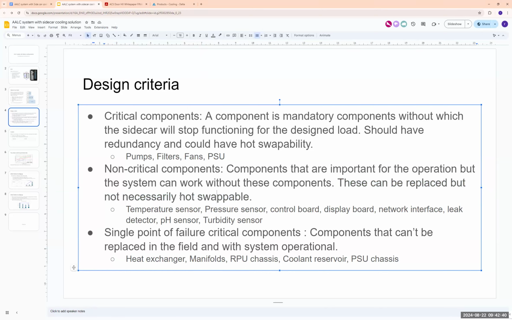Okay. So instead of hot swappability, you want to change that to redundancy? I think so. For the non-critical components, you don't need to make them redundant because the system will work without this component. So you don't need to spend more money to keep the system running because you are able to run the system without this component.